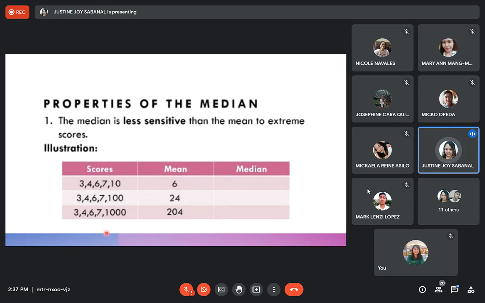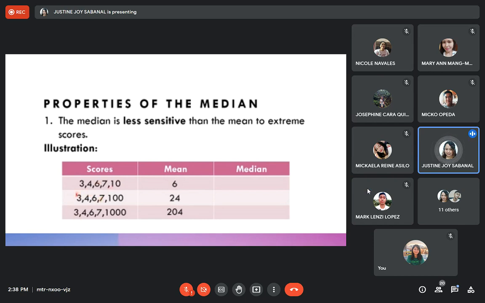Tigli-5 lang naman yung information nila. Ano po yung median doon sa first dataset natin? Yung median, diba, again, nasa gitna.